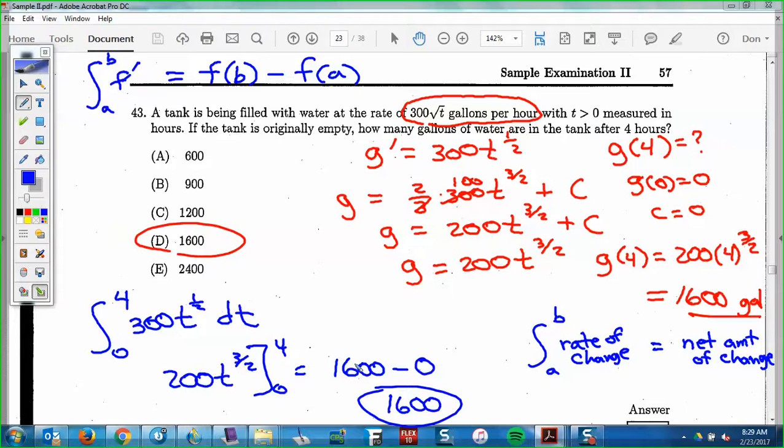Could you do the red method without being able to do an antiderivative? Could you do the red steps without an antiderivative? No, because you wouldn't be able to get G. If you can't do the antiderivative of G prime, this method over here doesn't work.